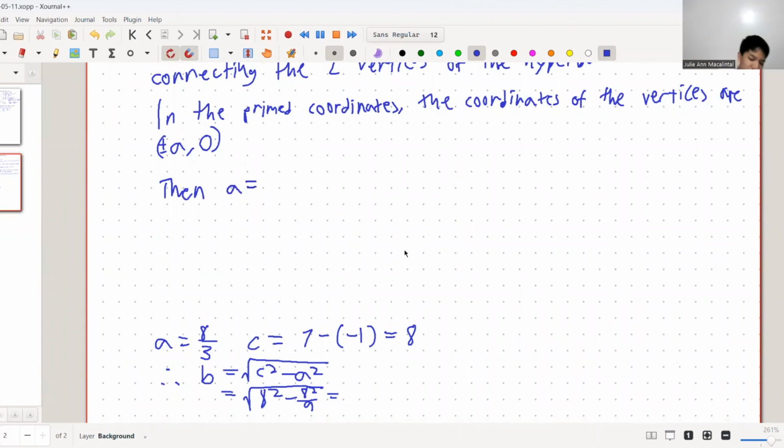In terms of plus or minus a, 0, what is the distance between the two, using the distance formula?